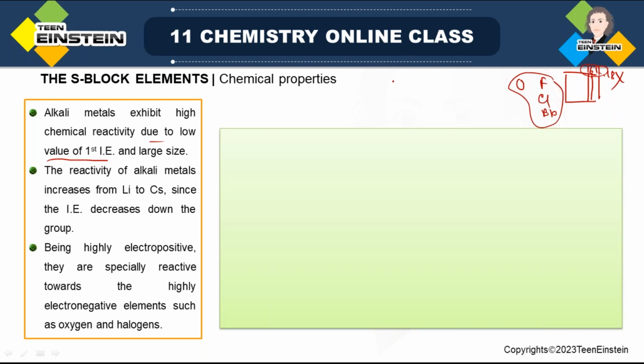And whenever there is a compound between a metal and a non-metal, the nature of this compound will be ionic. In an ionic bond, one species is completely donating electron, and another is completely accepting electron. So the metal will completely donate electron, itself being converted to M+, and the non-metal will accept electron. Depending on its valency, if it is oxygen, it will accept 2 electrons, if it is a halogen, it will accept 1 electron. Depending on that, the negative charge may vary, but there will be a negative charge.